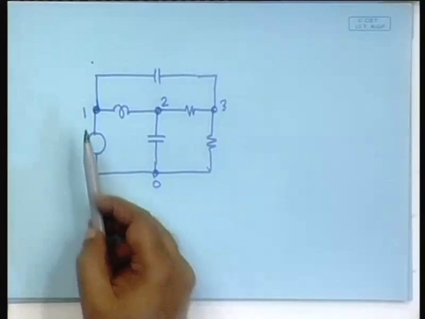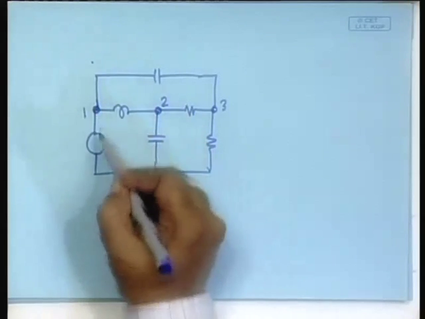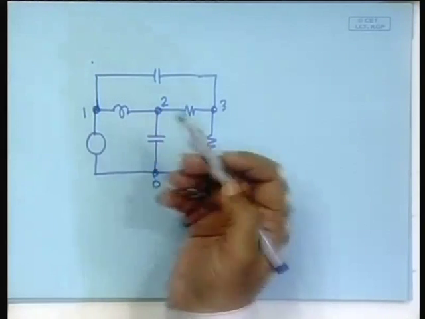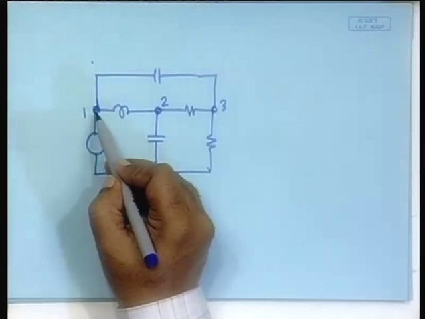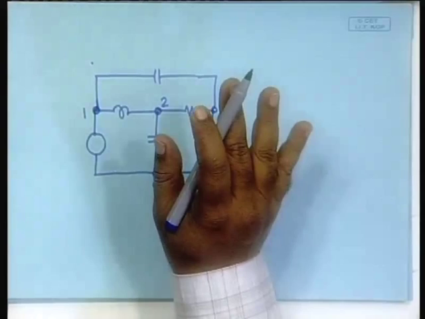The currents that are coming into this node, this current and this current, or the ones that are exiting this node, this current and this current, will all sum to 0.